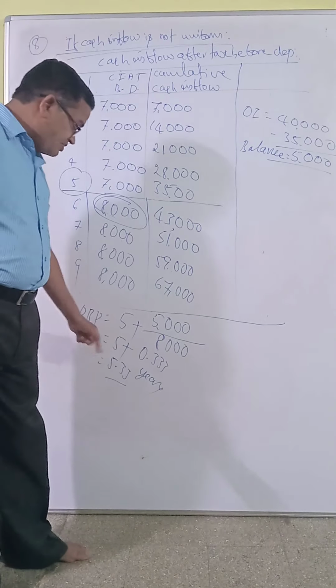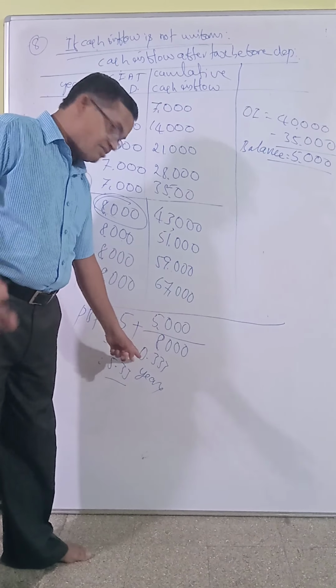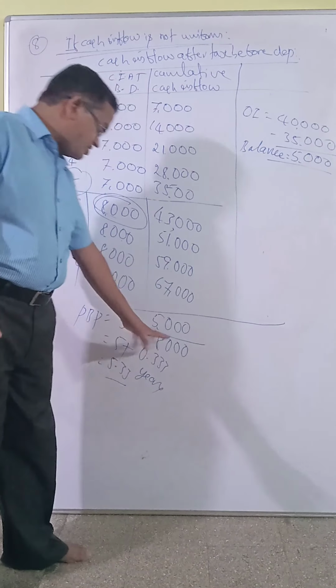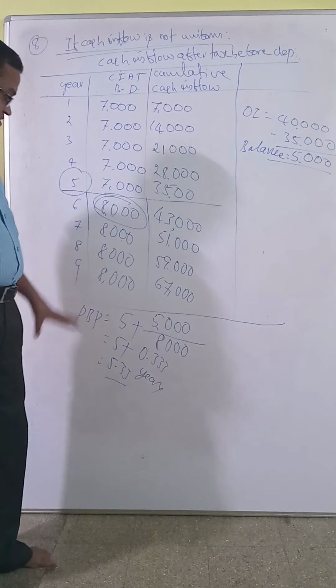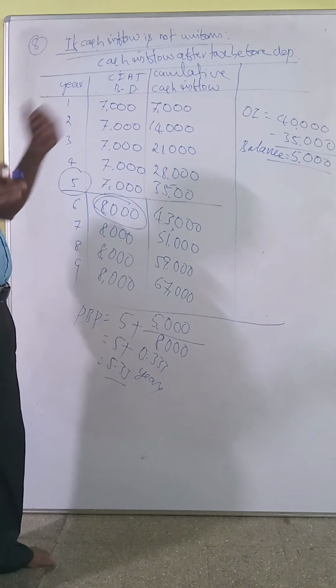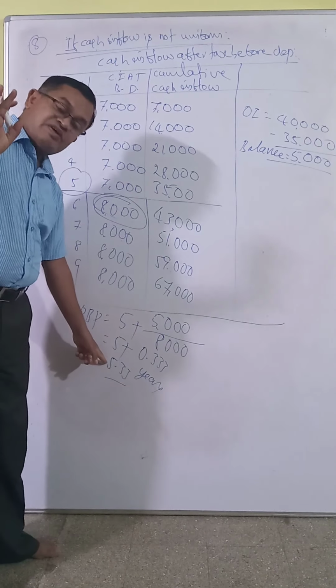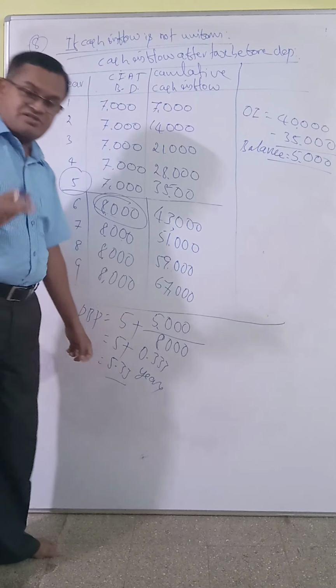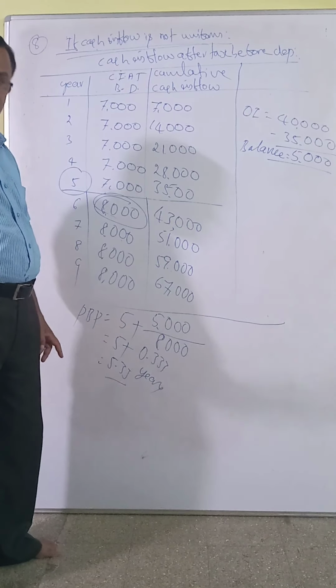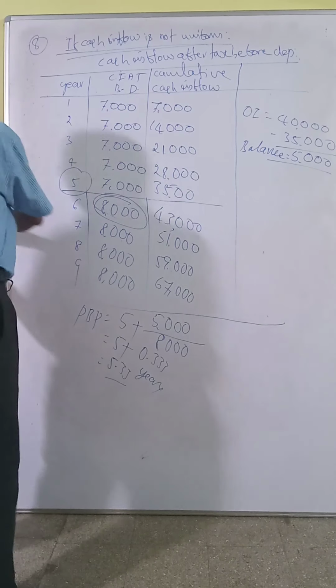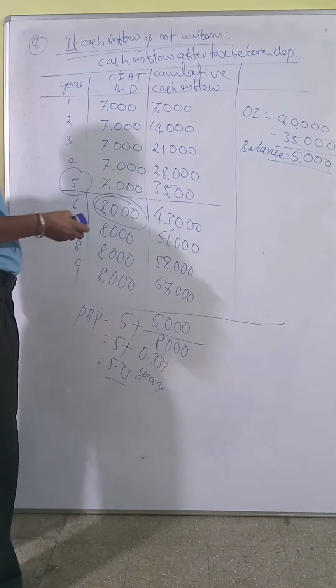So 5.33 years means you recovered your 40,000 in 5 years 33 days. So this is problem number 8.